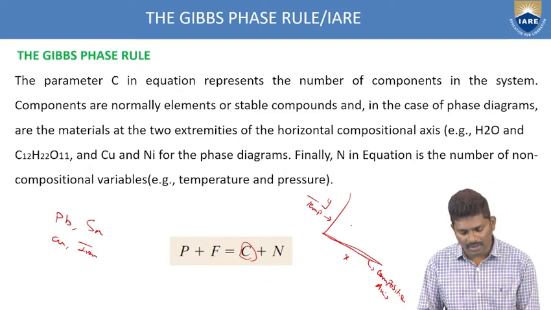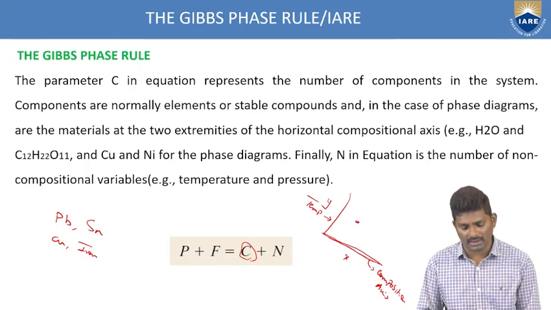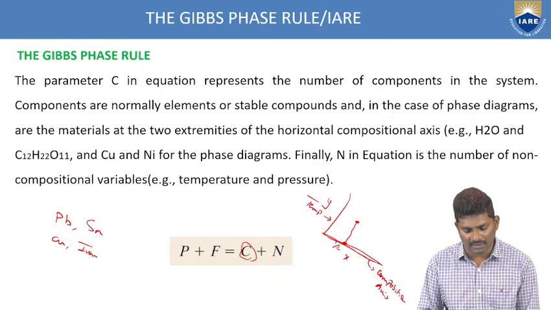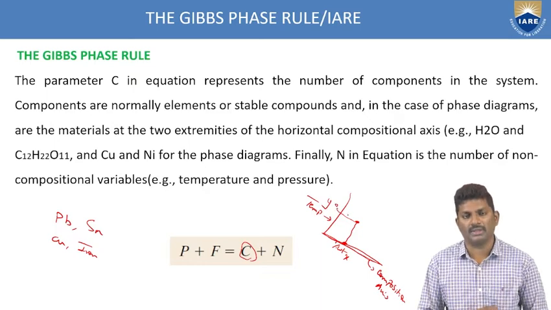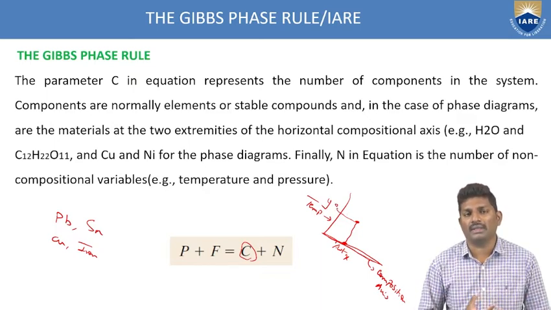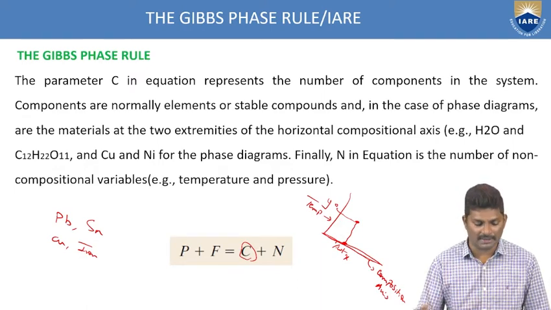If you take any point and drop it at this point, you get the percentage weight, and along the y-axis you get the temperature in degrees centigrade. This is how you identify the components and their composition with respect to temperature.